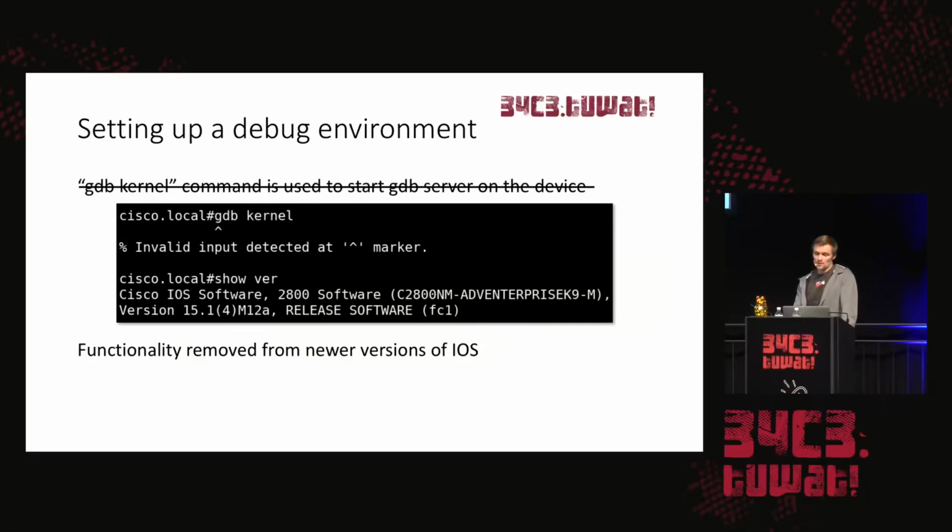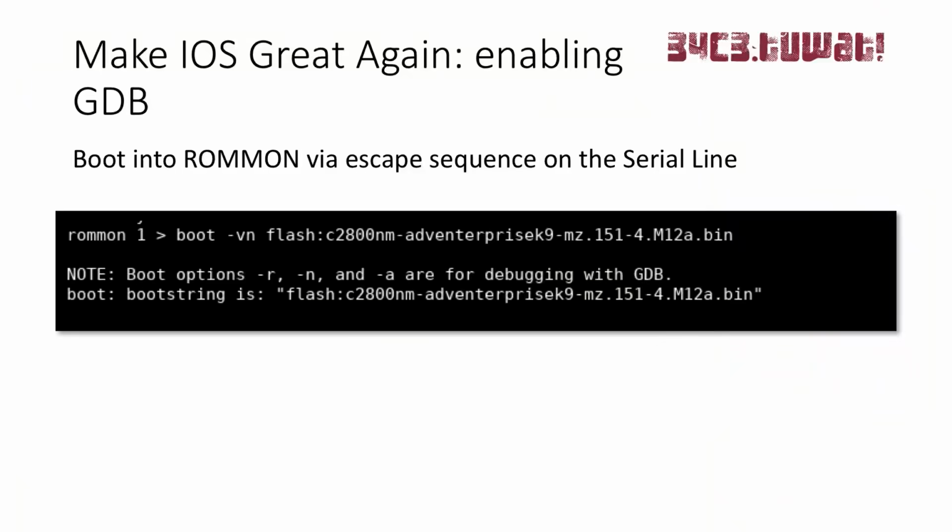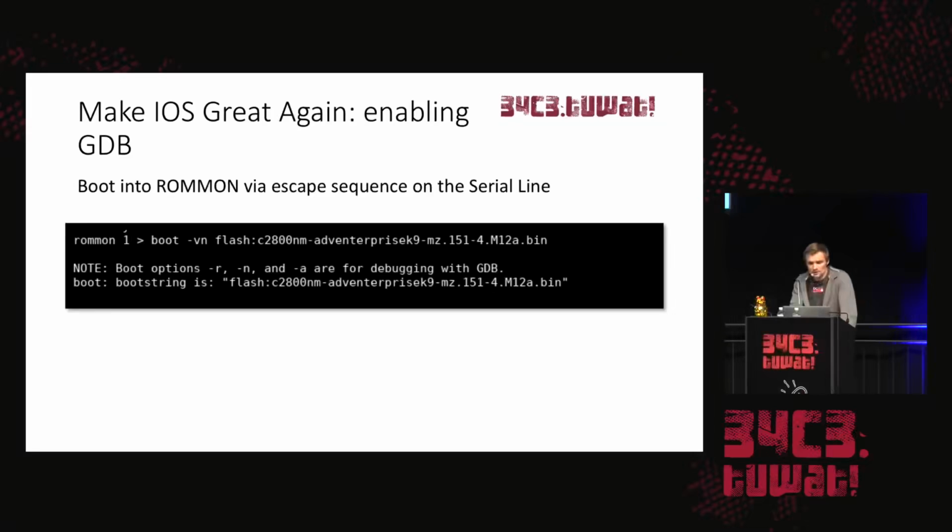But nonetheless, there's a way to enable GDB: reboot the device and send an escape sequence to the serial line. This will bring up the ROM monitor shell. ROM monitor is a simple piece of firmware that gets loaded and run just before your firmware starts running. In this ROMMON, you can manually boot your firmware with the flag N, which will launch the whole firmware under GDB. And after your firmware is loaded, GDB will kick in.